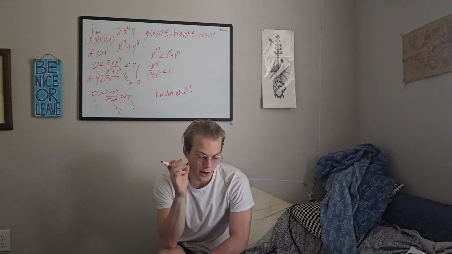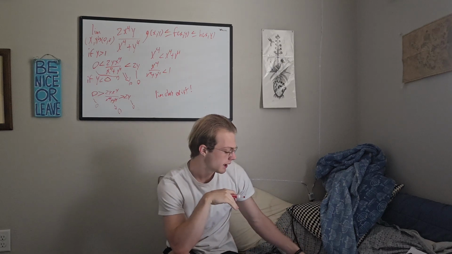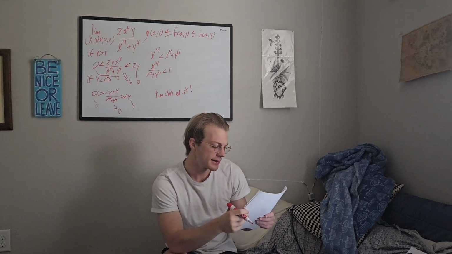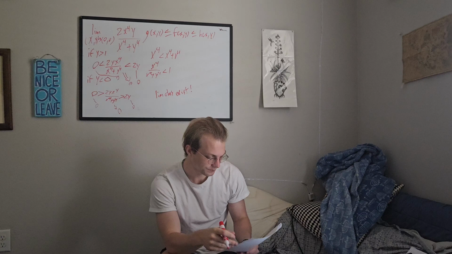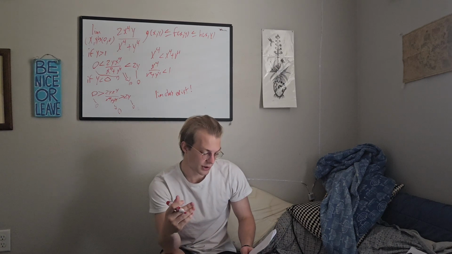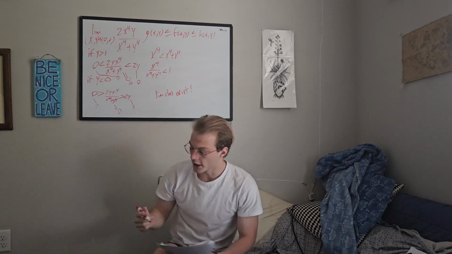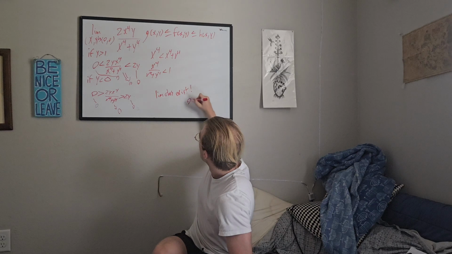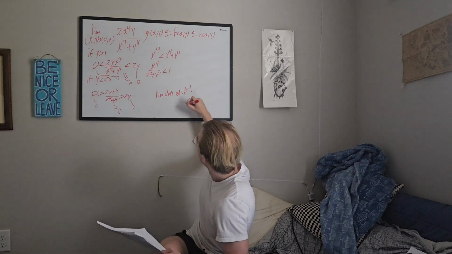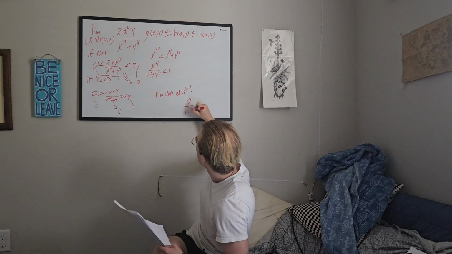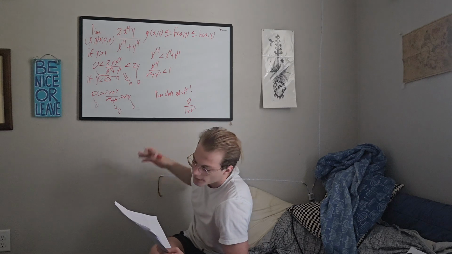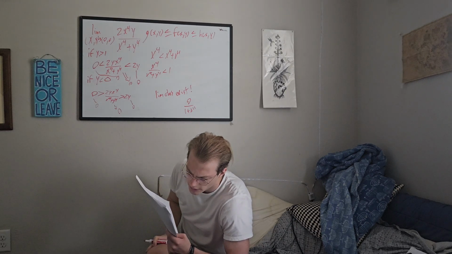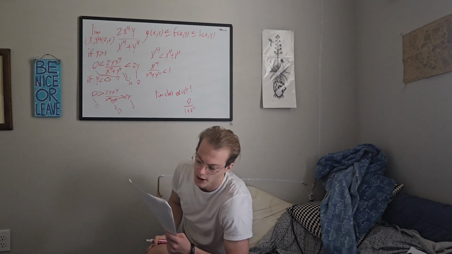Now, there's one other way, which is what I did on my test, and it's y is equal to kx, and then you plug in kx, and what you get is 0 over 1 plus k to the 4th. Is it k to the 4th? Yeah, you factor it out.